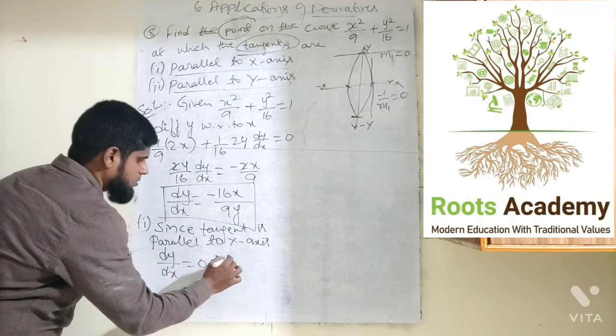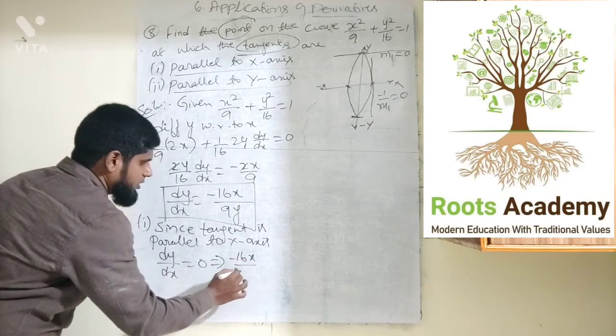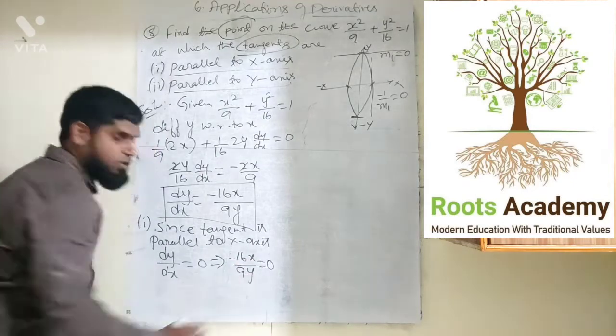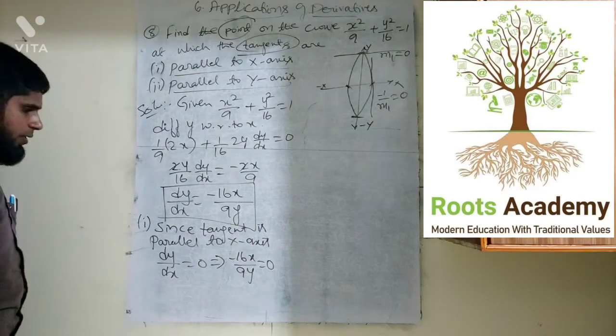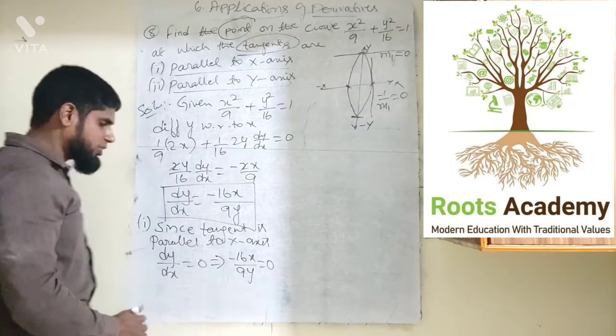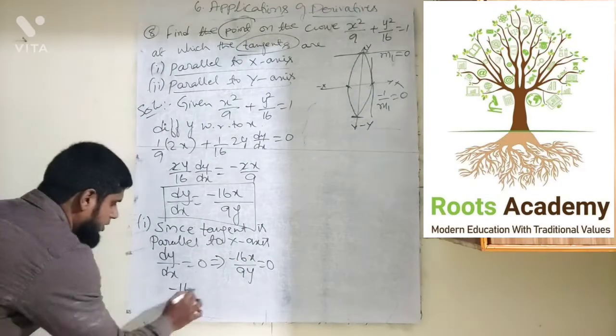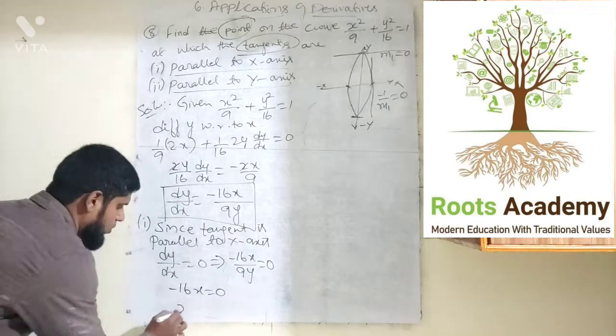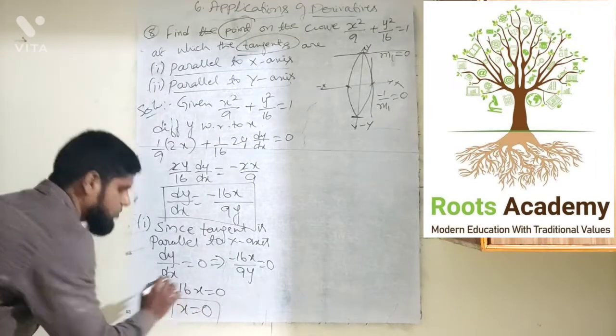That means minus 16x divided by 9y is equal to 0. So if I do the cross multiplication, minus 16x is equal to 0. That gives x is equal to 0.